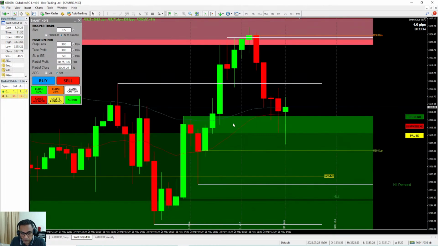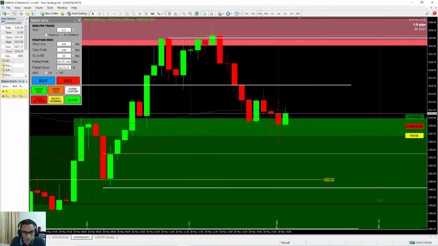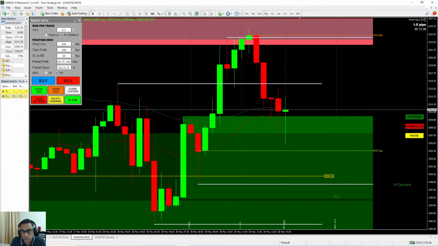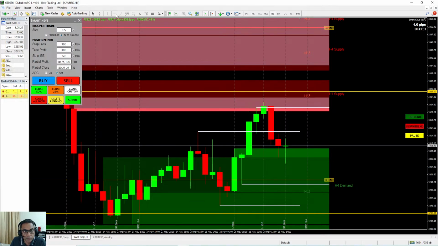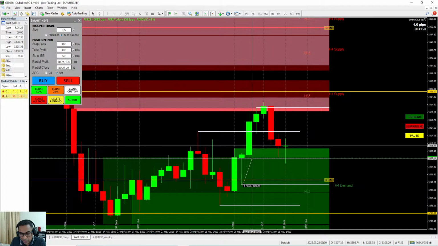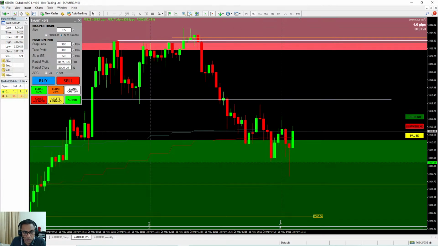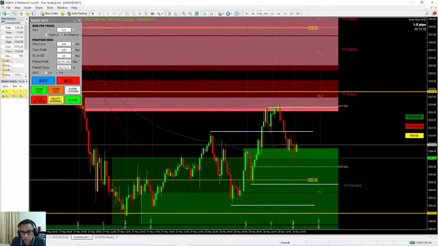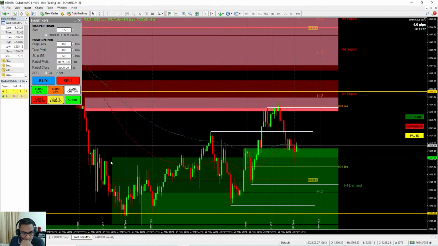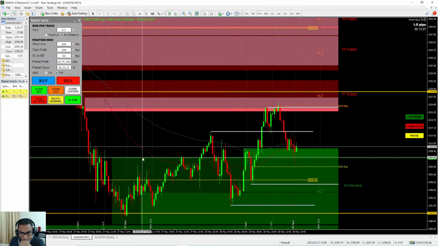In fact, that's a liquidity wick, 86 pip wick from this. So yeah, it's a part of that candle.